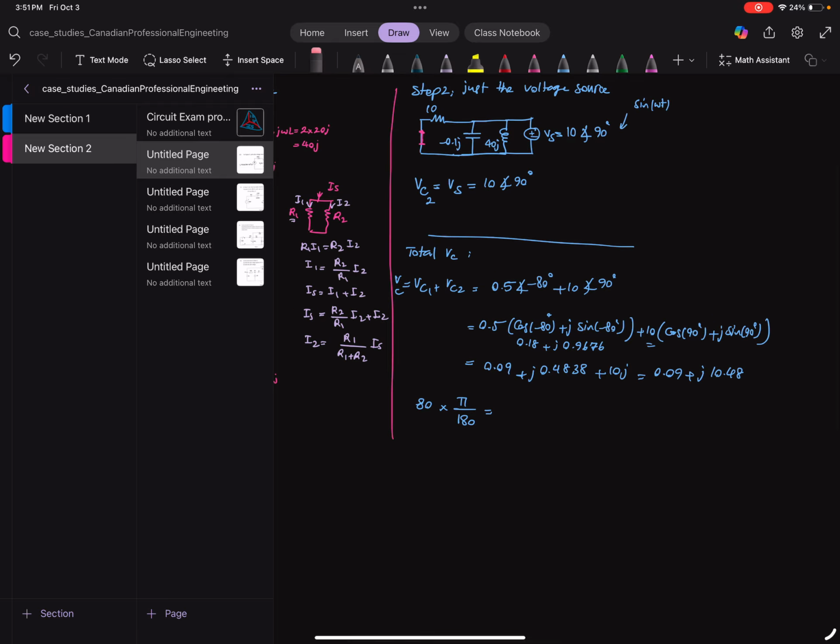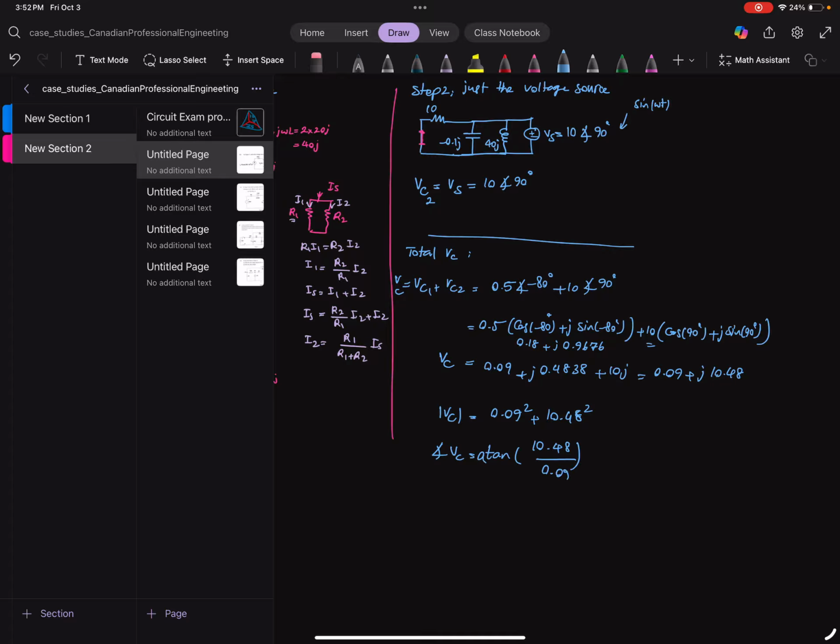So then we have to find the amplitude and the phase of this, which is going to be VC. The amplitude of VC is going to be the square root of 0.09 squared plus 10.48 squared, and then the angle of VC is going to be the tangent inverse of 10.48 over 0.09.